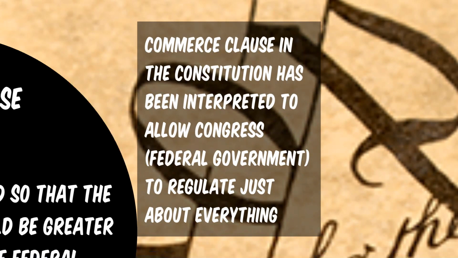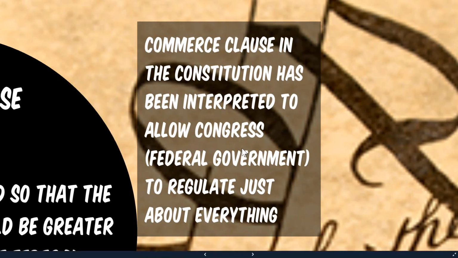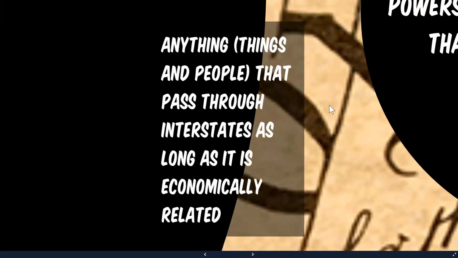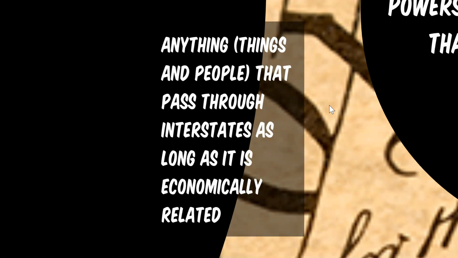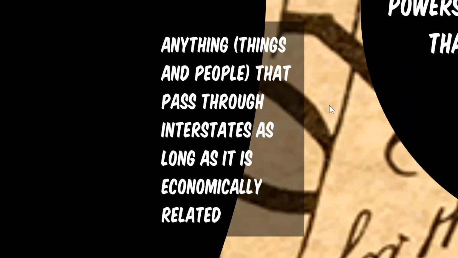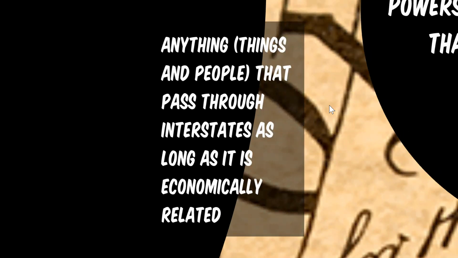By regulate, we mean pass laws. Congress can regulate anything, that includes things and people, as long as it passes through interstate commerce and it's economically related. So that is why the federal government is really starting to stick its nose into states' business, and especially now with the internet, where it's very easy for interstate commerce.